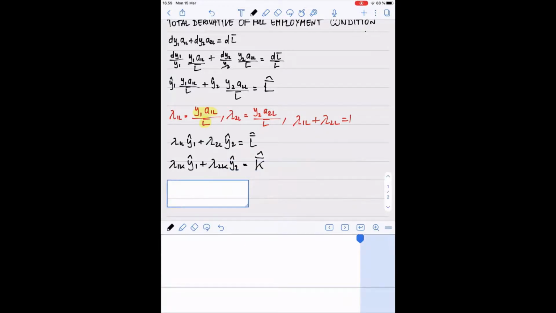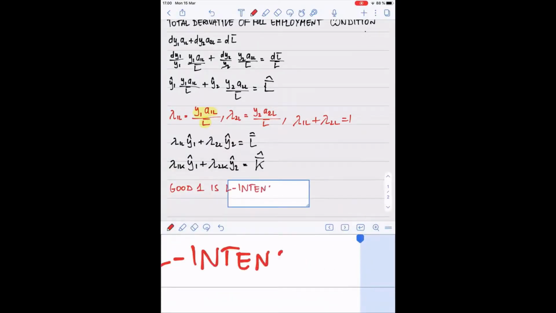Excellent. Now recall that good one is labor intensive. In the homework, you're going to show that this has a straightforward implication for the lambdas.